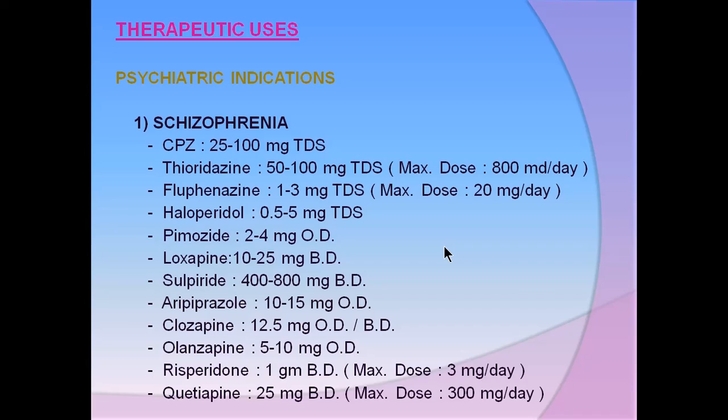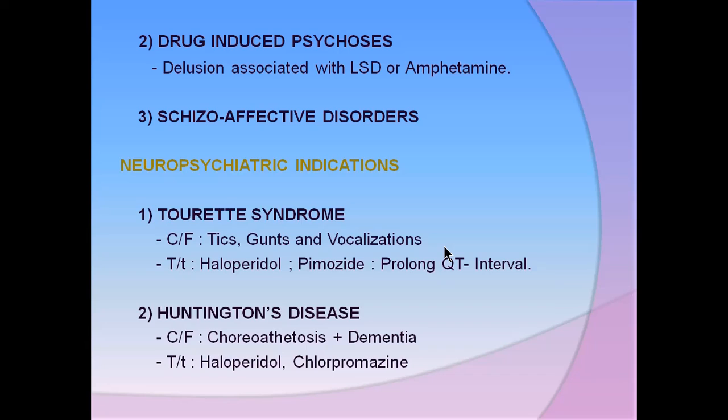Look at this slide. Here dosage and dosage schedules of each drug are well illustrated. Please go through it. Other psychiatric indication is drug-induced psychosis, delusion associated with LSD or amphetamine.